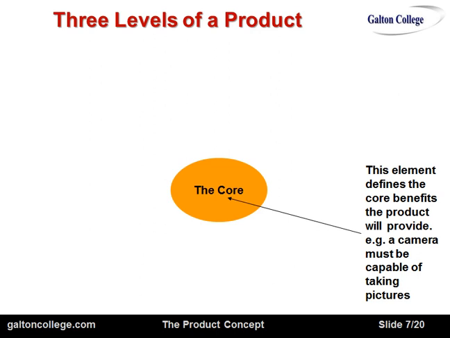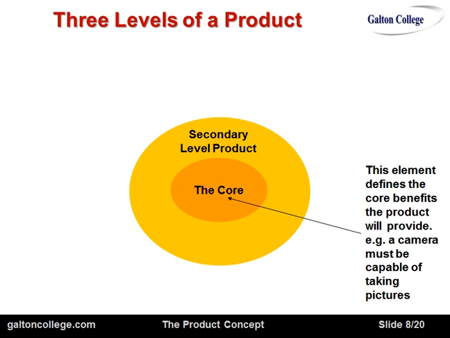That's the core product. If you buy a camera, it must be able to take pictures. That's the core. That's the essential. So that must be in place. If that's not in place, then you have not bought a camera, or you've bought a faulty camera. So the core is essential.